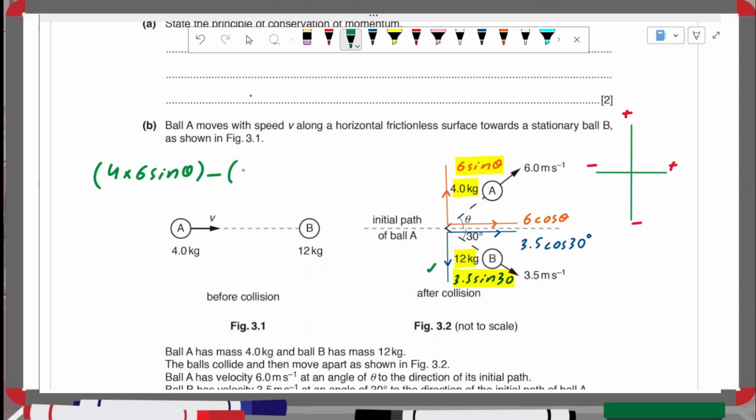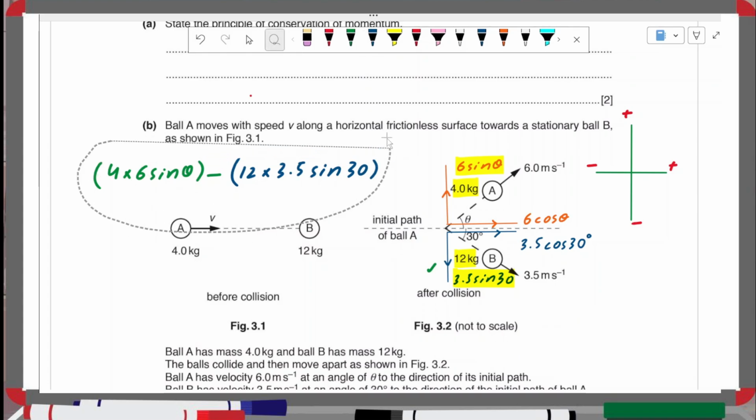So what is the mass? Mass is 12. And what is the velocity in the y direction? Velocity is 3.5 sine 30. So this is the total momentum after the collision.